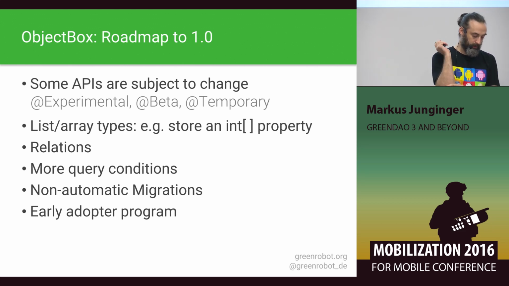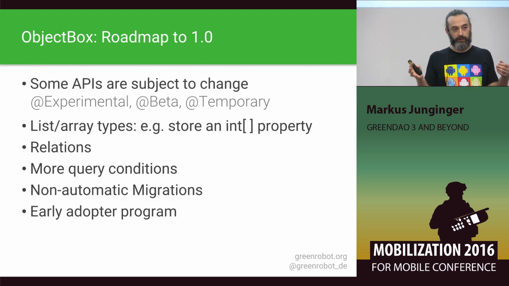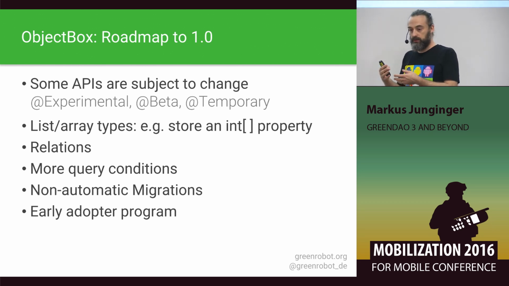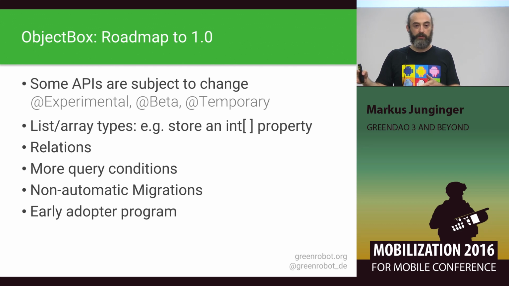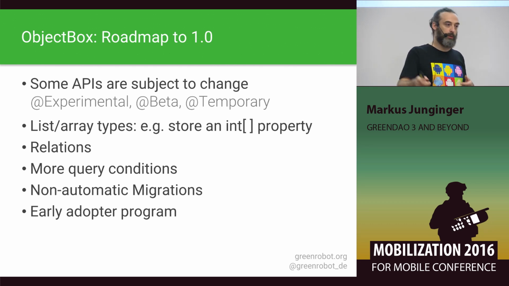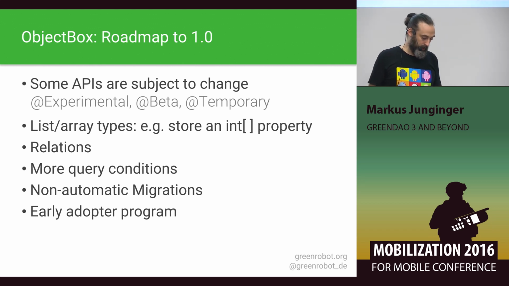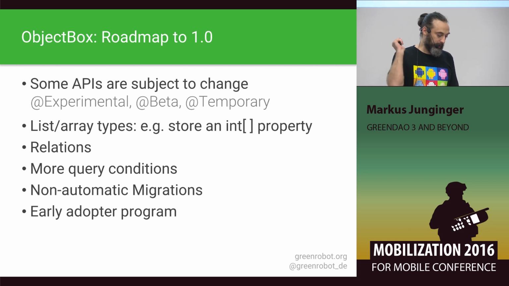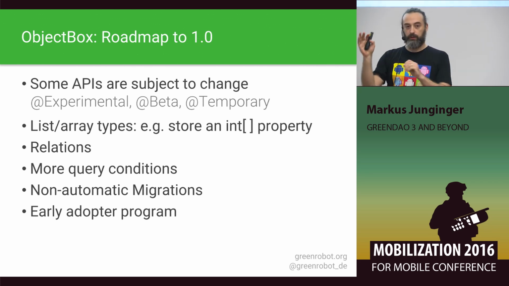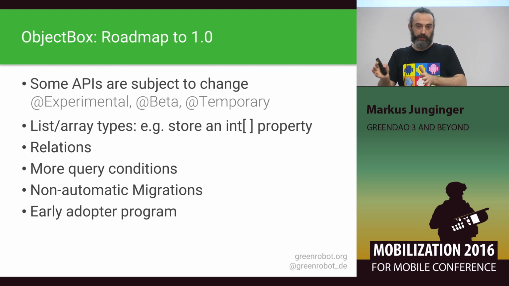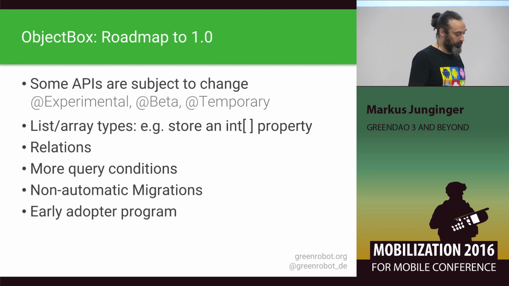Make the API stable, and also, if you have an int array in your object, it should be stored without a new table or something complicated like that. Just store an int array as a property. That's no problem. Also relations, where there are a couple of conditions that greenDAO can handle and ObjectBox not yet.